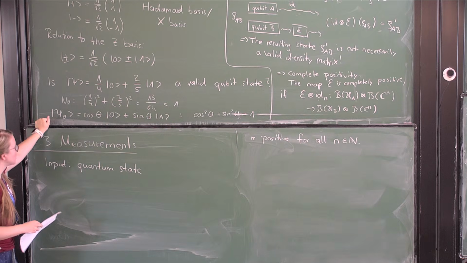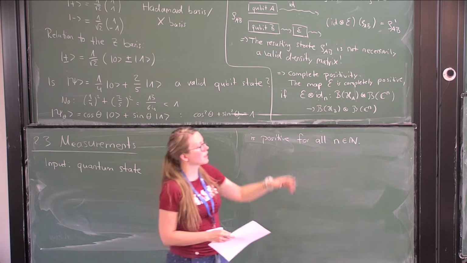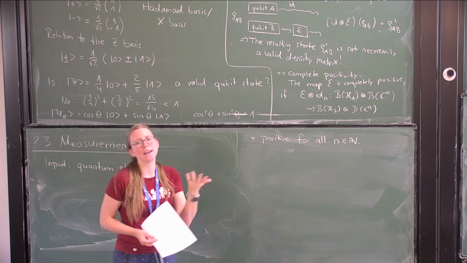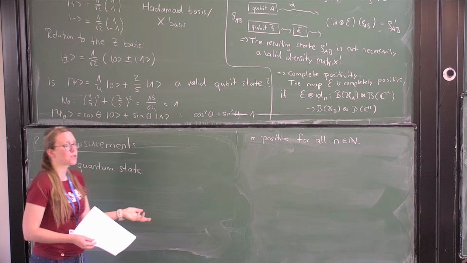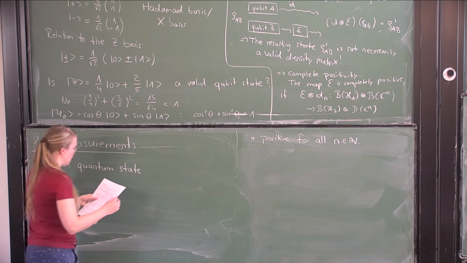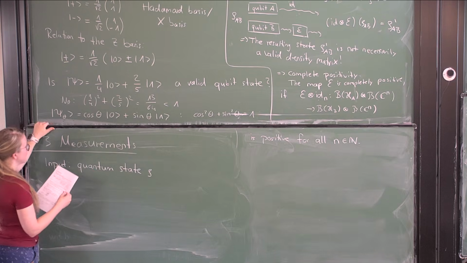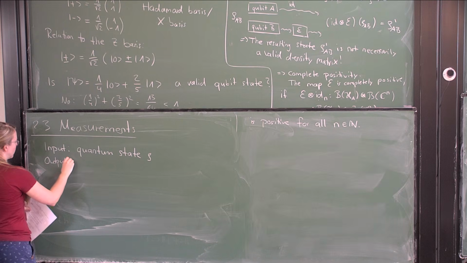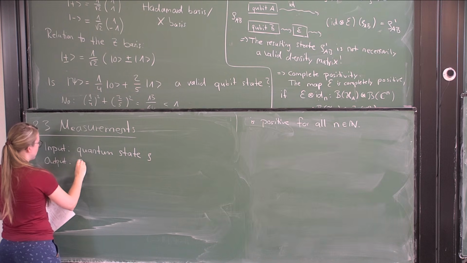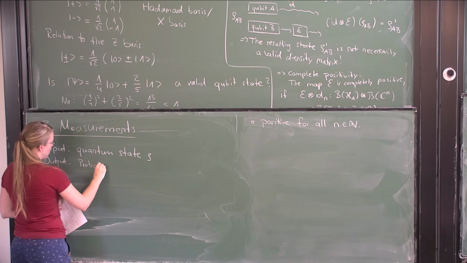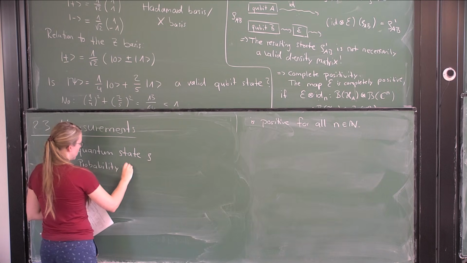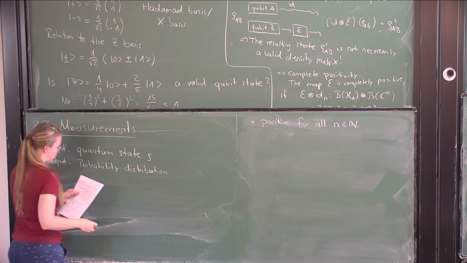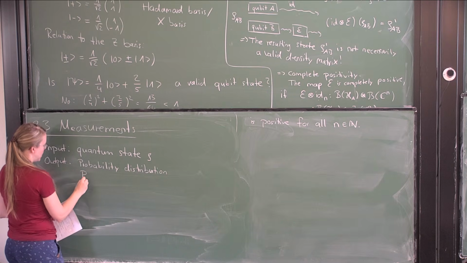And then for the output, we have these classical outcomes. If we want to reason about these outcomes, what we're interested in is how likely different outcomes are. So what's the probability of seeing certain outcomes in our quantum system? The output is supposed to be a probability distribution that depends on rho.